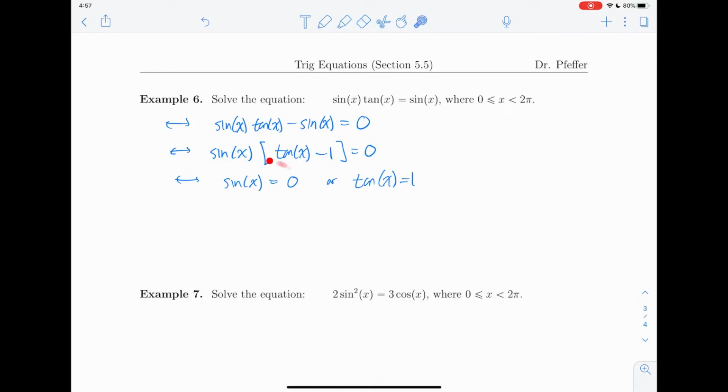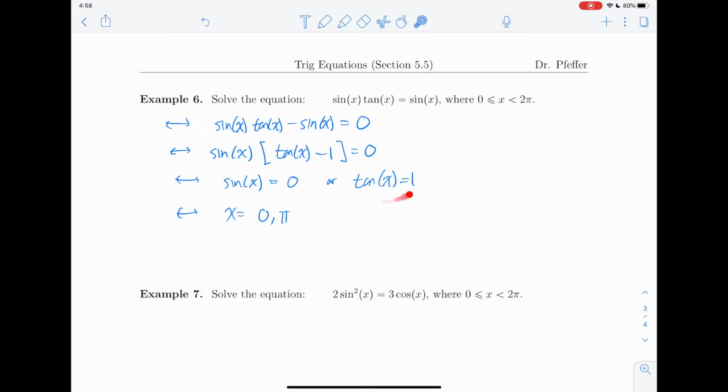Solving the first trig equation here, what angles x from 0 to 2 pi produce a sine value of 0, that's not too bad. That's always going to be some of the quadrantal angles, and here we'll recognize that x is going to be 0 or pi. And you might be inclined to put 2 pi in here as well, but notice that 2 pi has been excluded in the original domain restriction.